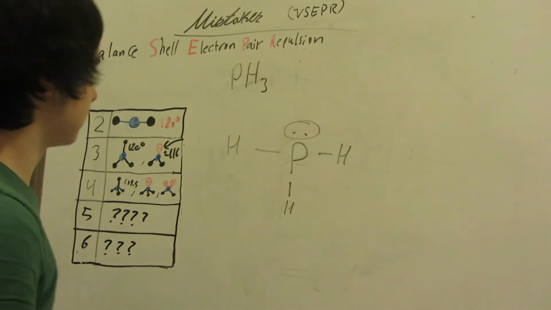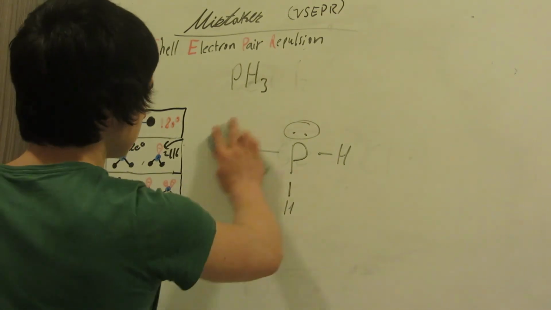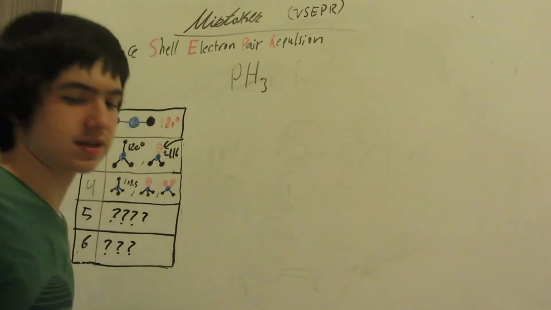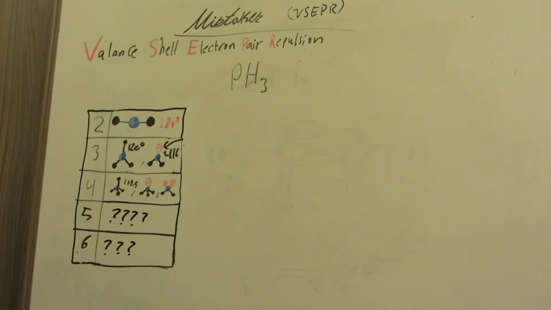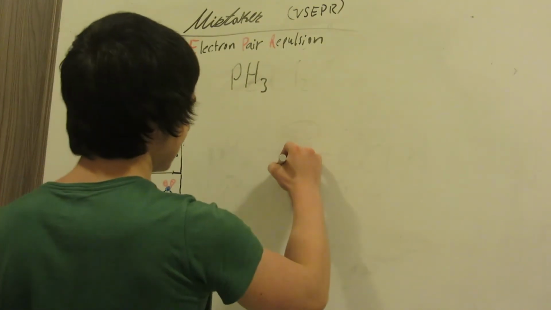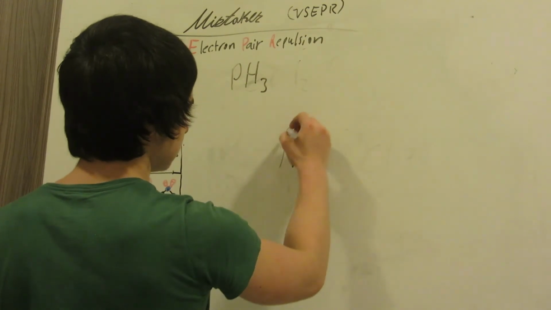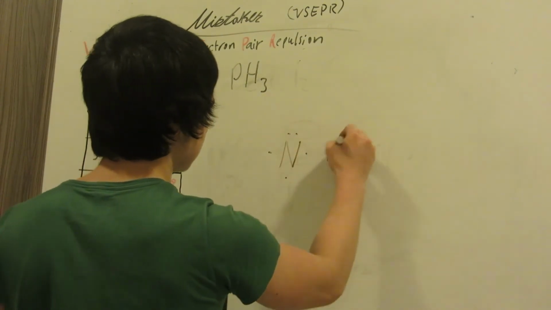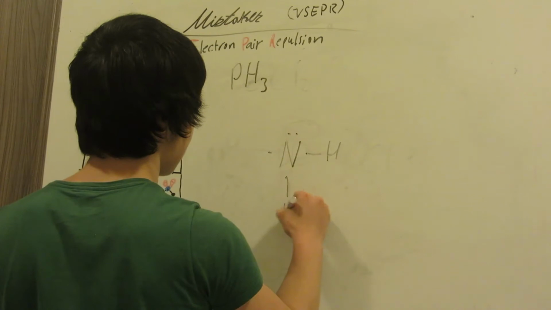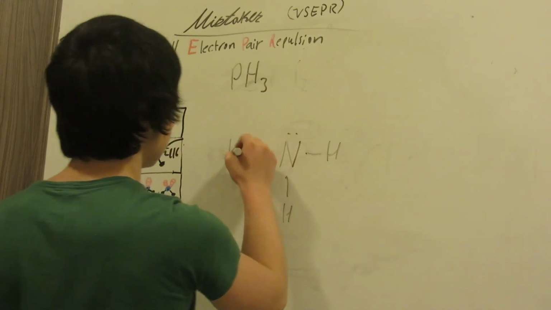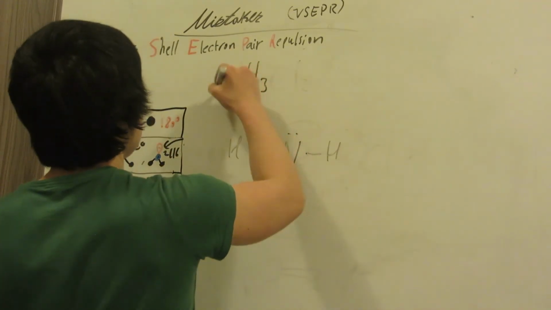Alright, and another mistake that most students fall into is when they start dealing with the VSEPR model of NH3, ammonia.